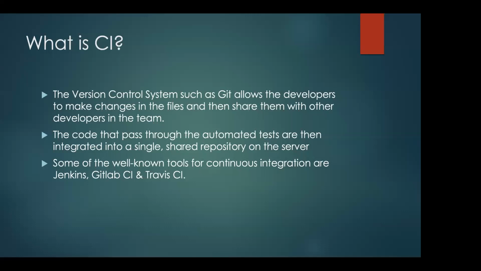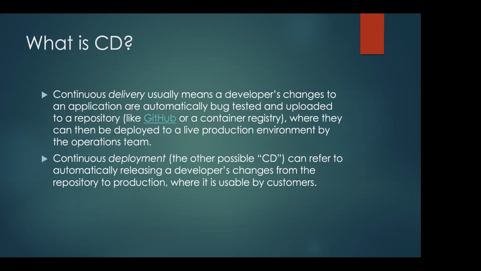So how is continuous integration different from continuous? CD can be either continuous delivery or continuous deployment. Maybe in the next slide, I'll show you the difference. Before that, let's also cover the CD part. Continuous delivery is as and when the code base is ready, it should be continuously and automatically tested for all the bugs or quality checks, and it should be pushed to a central repository.